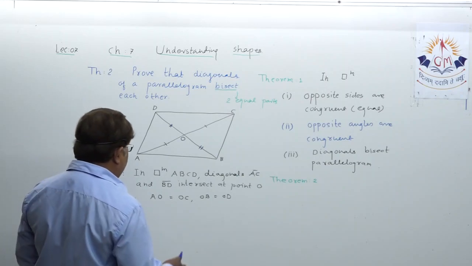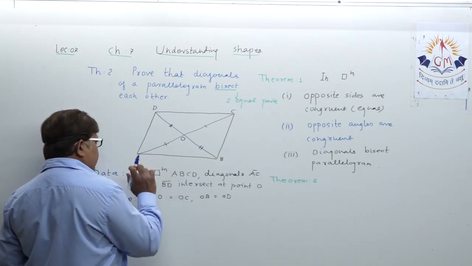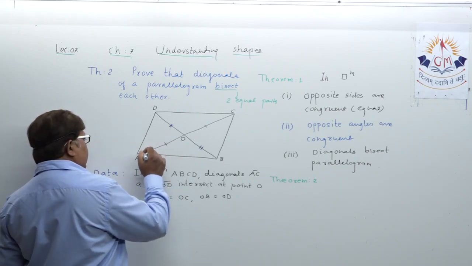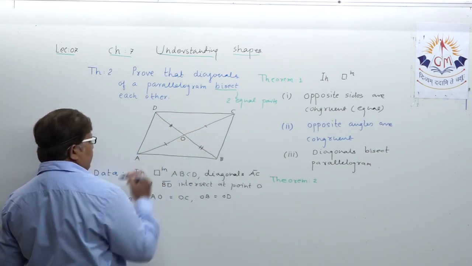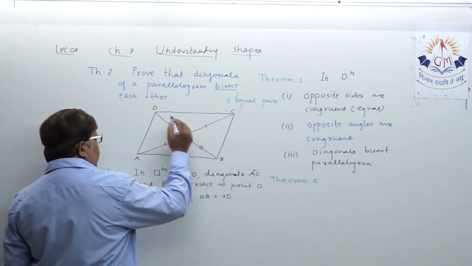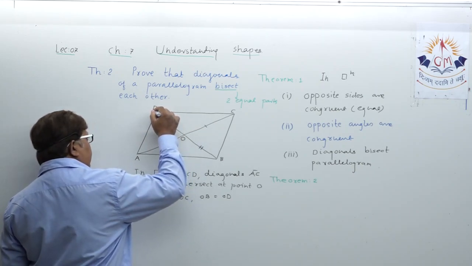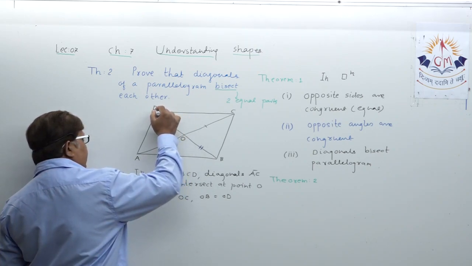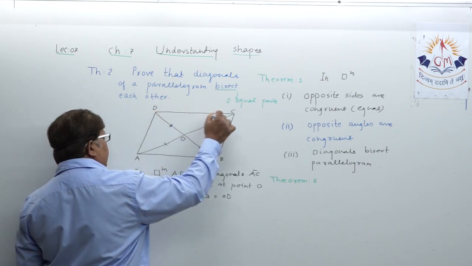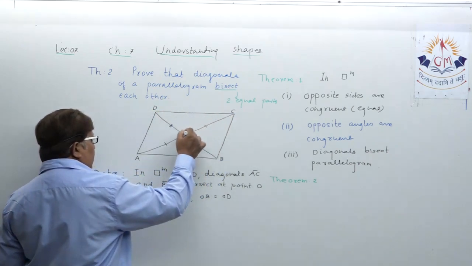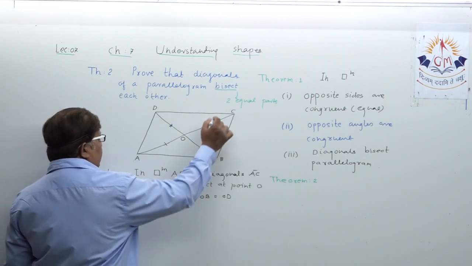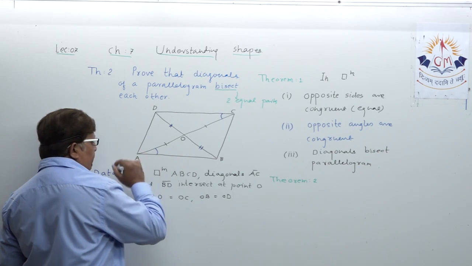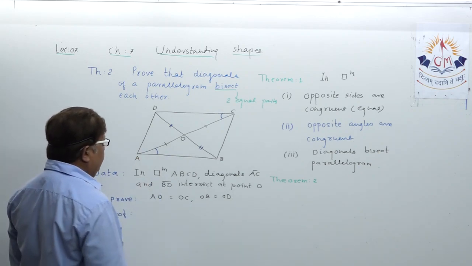Before we move, just try to understand. Because it is a parallelogram, obviously AB parallel to CD. So just try to reconstruct the Z formation. C D, C O A B. These two become congruent alternate angles.